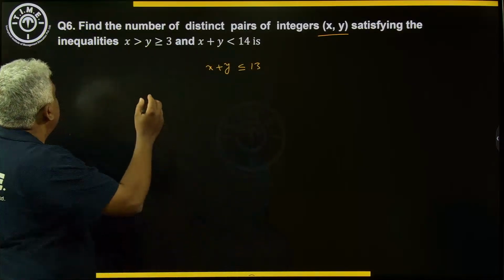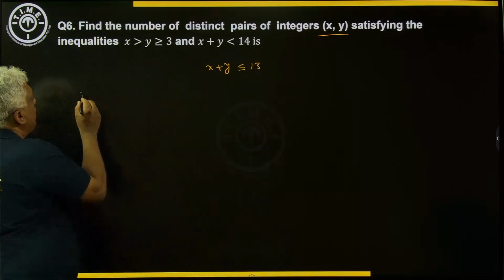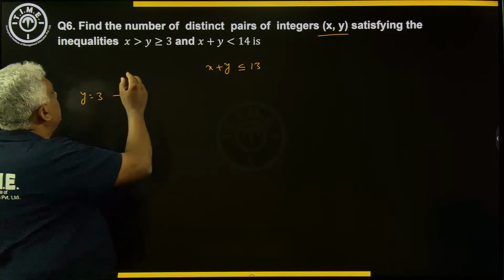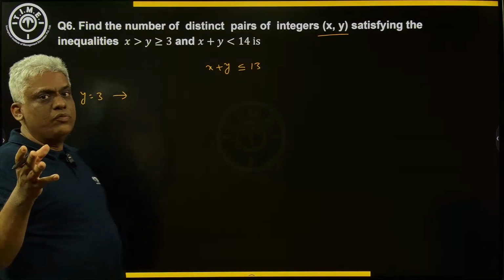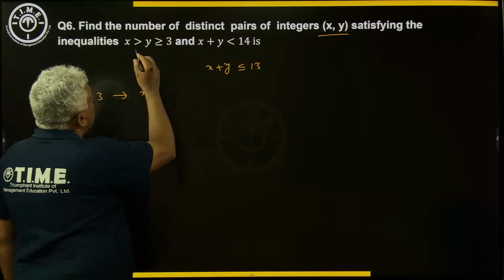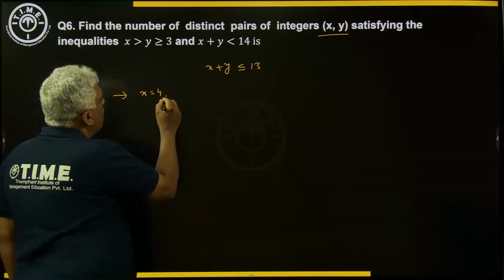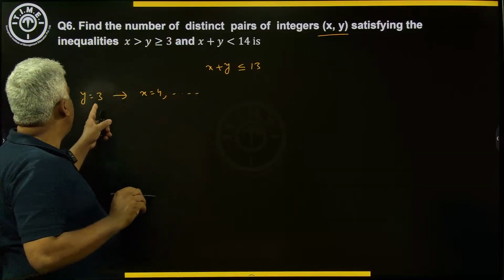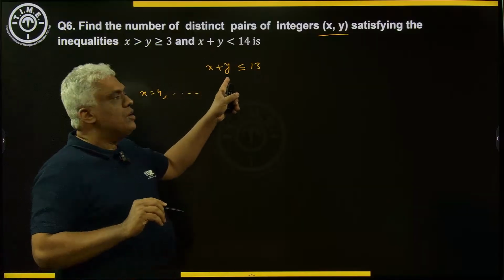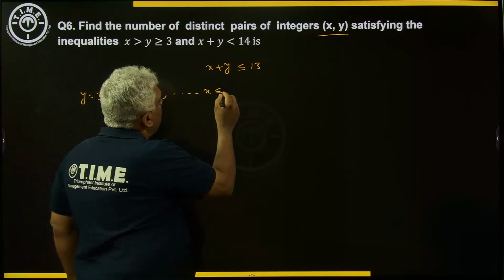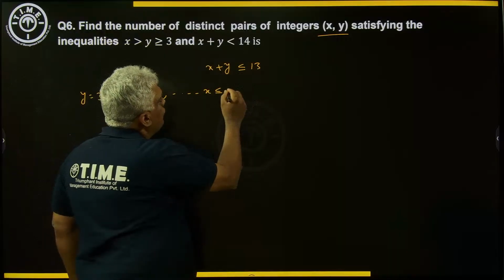Now, let's see. y is more than or equal to 3, so we can start with y equal to 3. When y is 3, x can start with 4, since x has to be more than 3. Put y equal to 3 here, x will be less than or equal to 10.